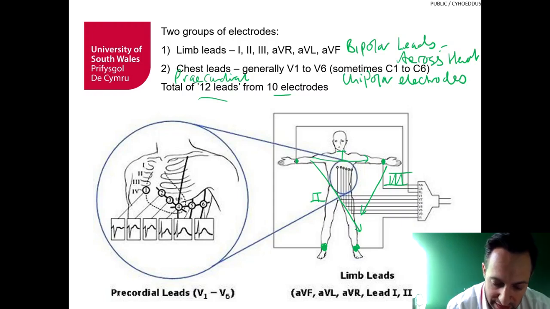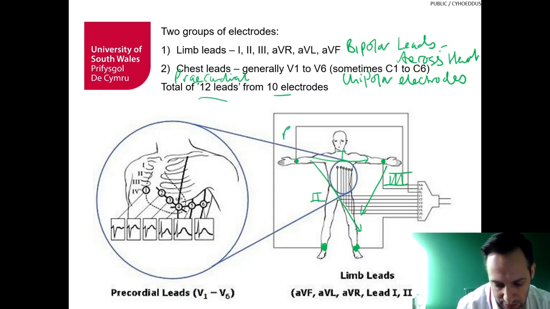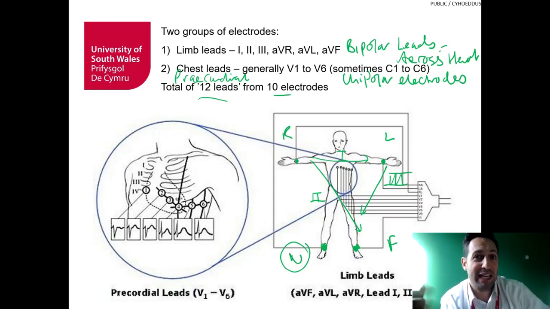And we would label these up as right, left, foot, and neutral, and therefore it's really straightforward for us to see why nothing goes down to the right leg, because for all intents and purposes it's an electrical earth, a reference electrode for other things to work their way off.